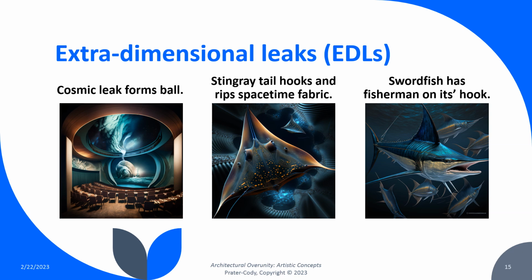In these images, a cosmic leap from above feeds a growing ball on the stage platform on the left. In the middle, a stingray tail hooks and rips the fabric of space-time as if it was the skim of the ocean water above it. And on the right, a swordfish with a ringed hook stuck in its flesh pulls a rope attached to something or someone above the water.